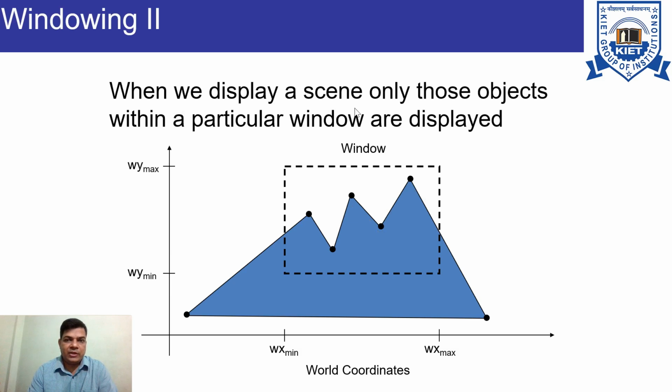When we display a scene, only those objects within a particular window are displayed, and you can see that the dimensions of window are xw minimum, xw maximum along the x-axis, and yw minimum and yw maximum along the y-axis.